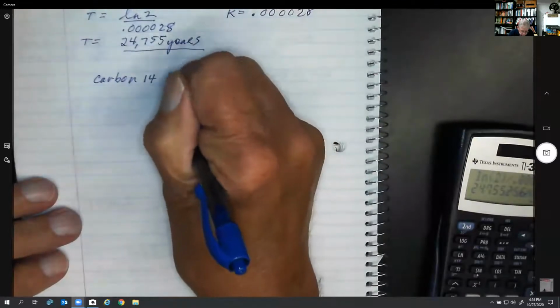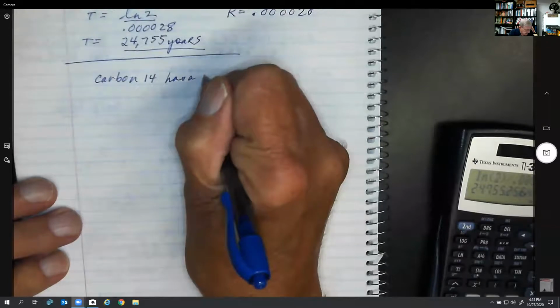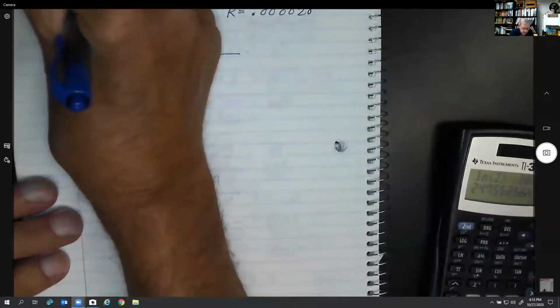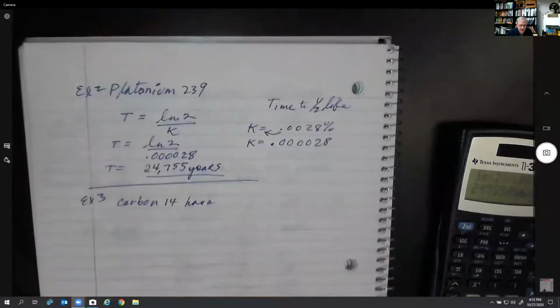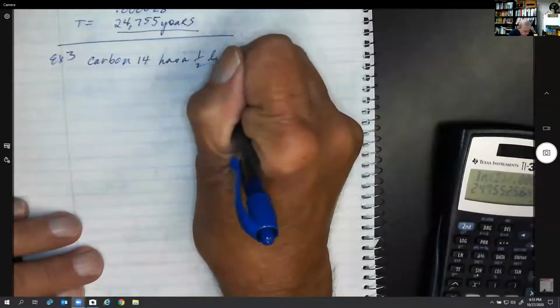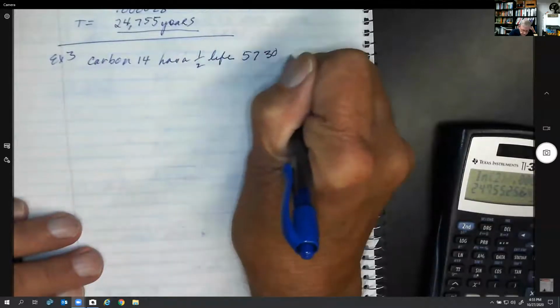It says the radioactive carbon-14 has a half-life of 5,730 years.